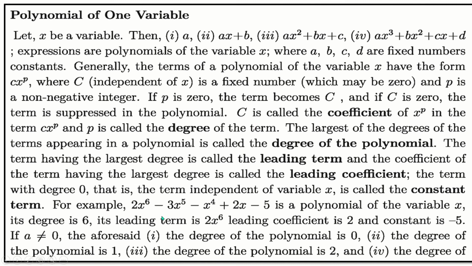Another example is given: 2x to the power 6 minus 3x to the power 5 minus x to the power 4 plus 2x minus 5. Here the leading term is 2x to the power 6, the degree is 6, the leading coefficient is 2, and the constant term is minus 5.